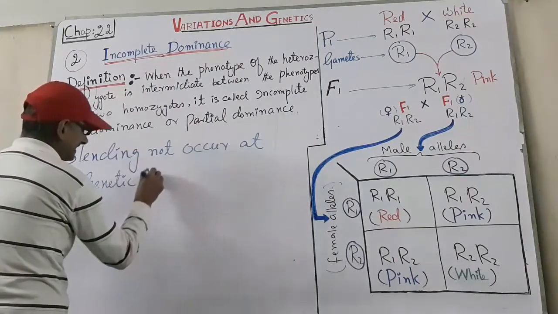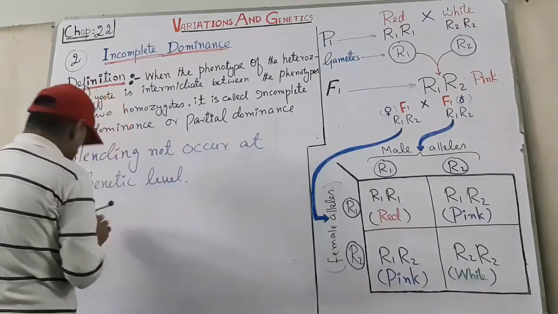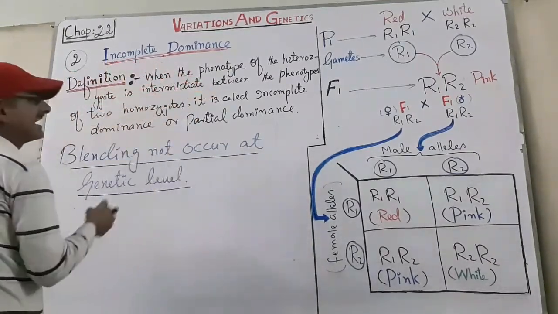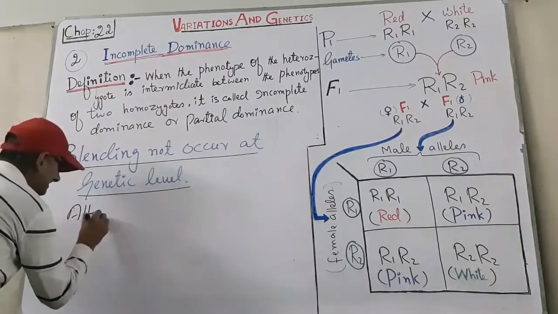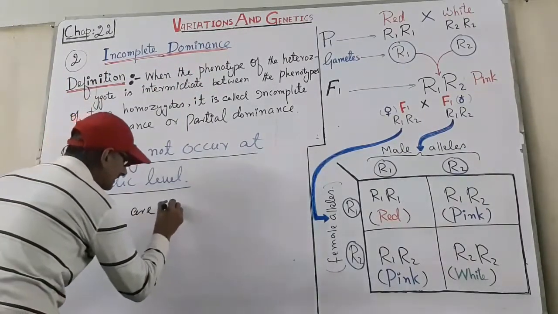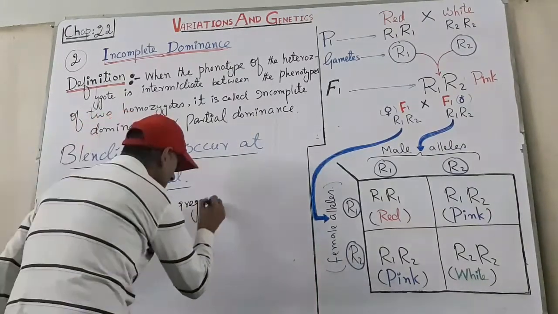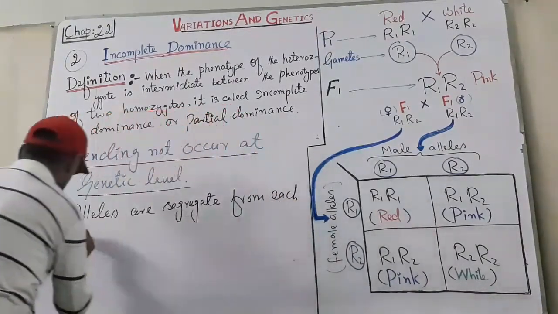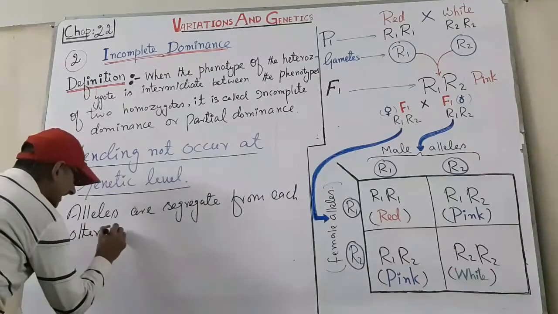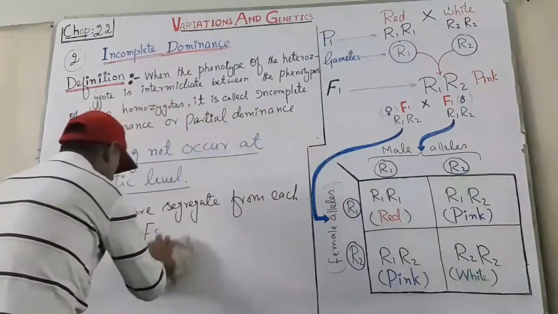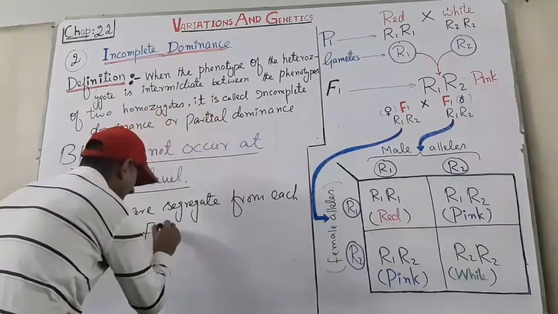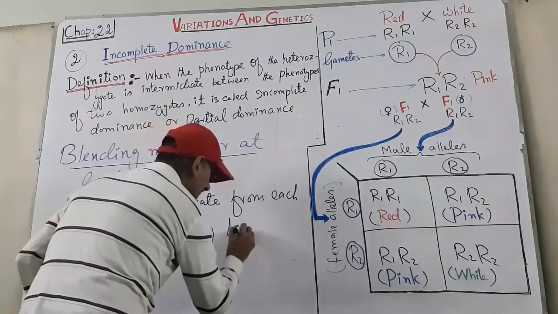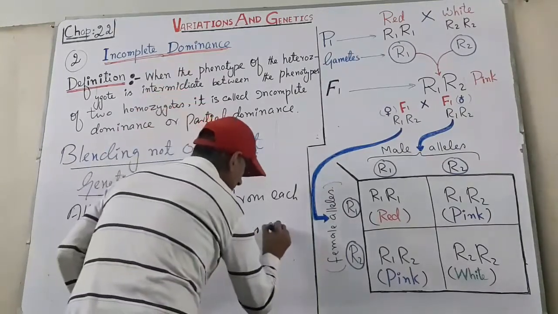At genetic level, alleles are segregated from each other when F1 offspring form gametes.